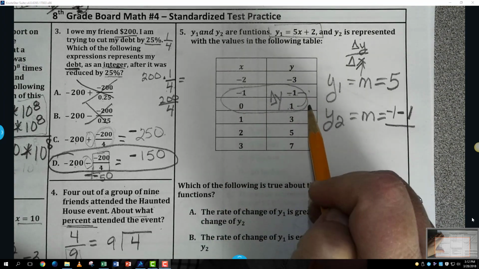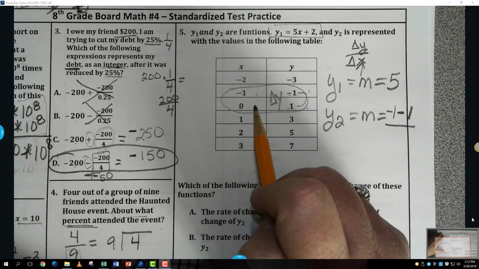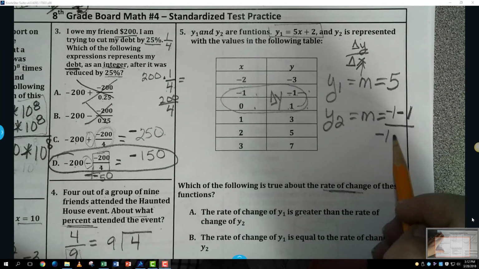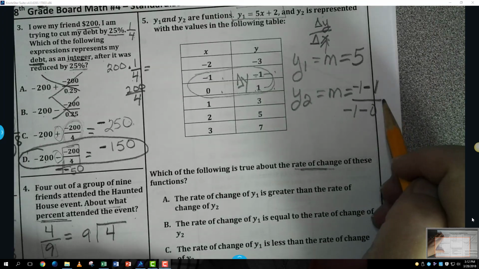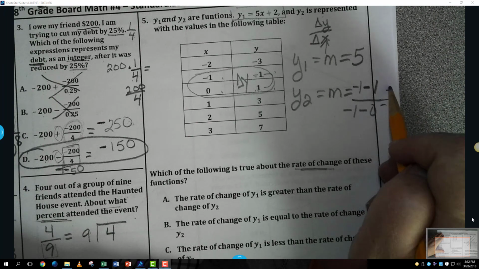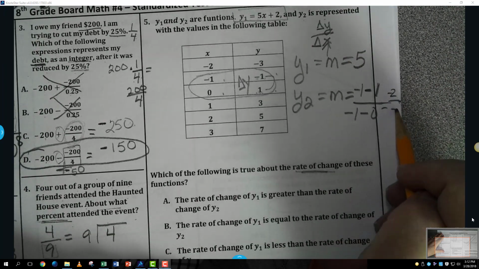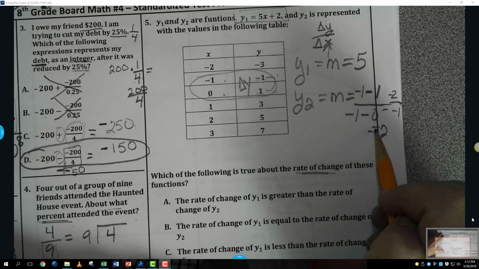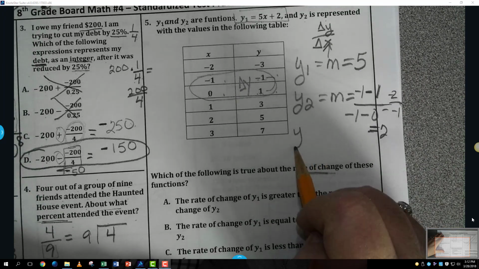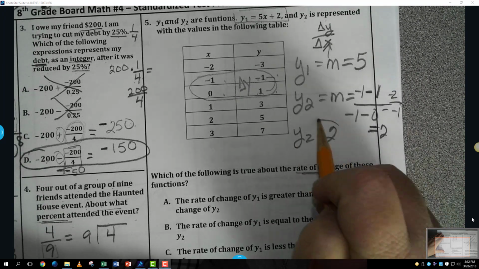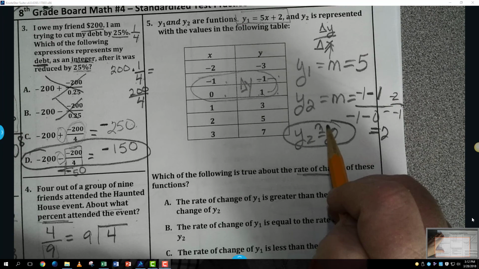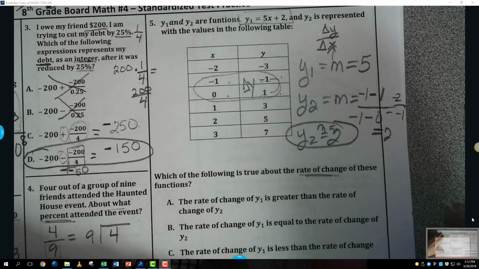If I said this minus this, then I have to say this minus this. So negative 1 minus 0. That's going to be negative 2 divided by negative 1, which is going to be a positive 2. So y sub 2 is positive 2. So there's the slope of that one. And y sub 1 has a slope of 5.